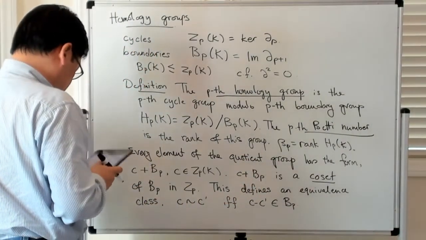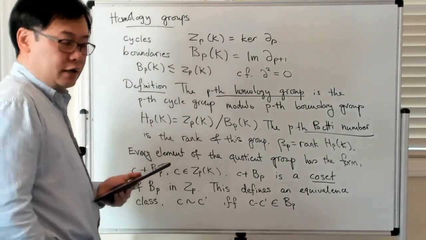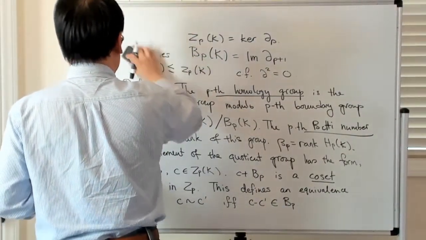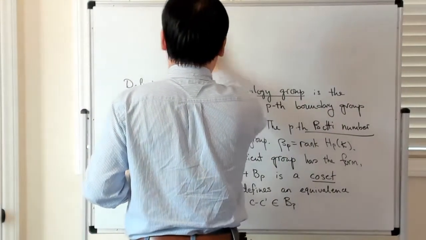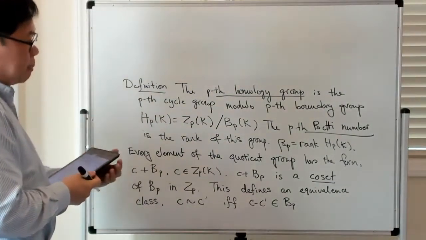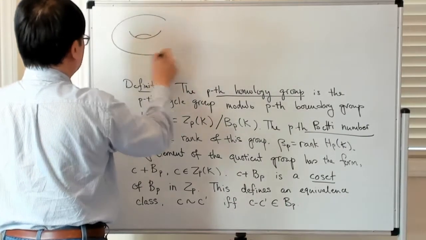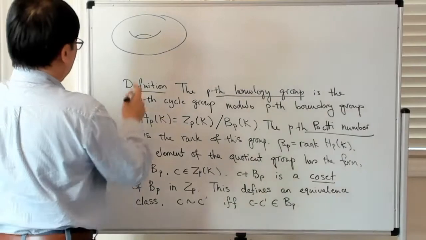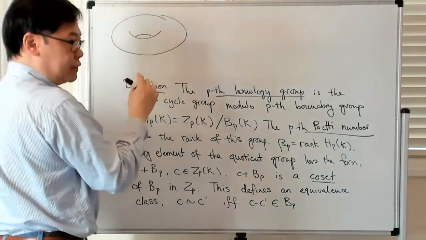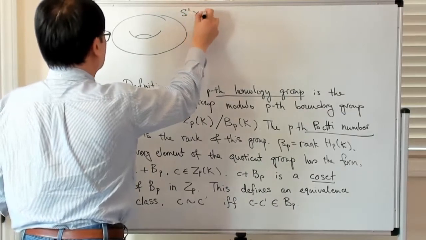So you might ask, what is the meaning of this? Why do we care? The reason is that we said the whole point of homology was to give you some sense of holes in a space. Let me give you an idea here. Imagine you have the torus, and if you're just looking at the surface, so it's not a solid donut, it's basically S1 cross S1.